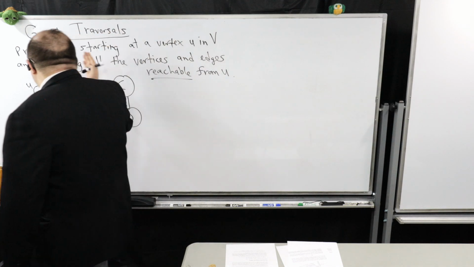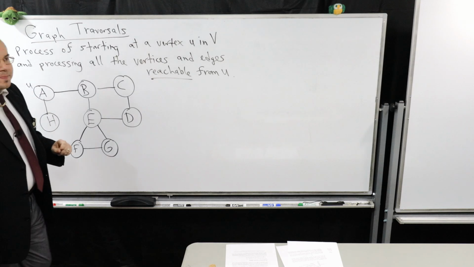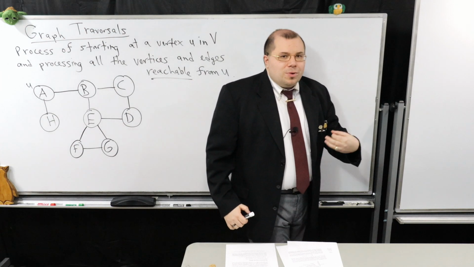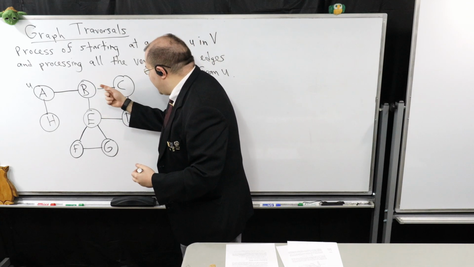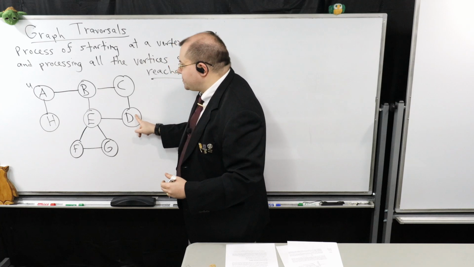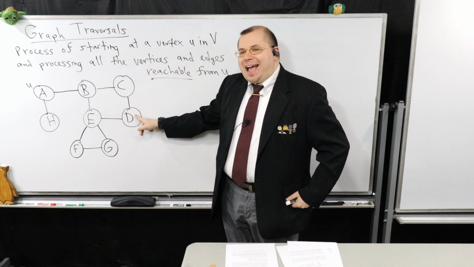So I thought I would draw a picture of a graph here for us, just so we can really play around with this. So suppose that vertex u is A here. Now, what does it mean to be reachable? Suppose that I looked at vertex D. Now, the notion of reachable is very natural.